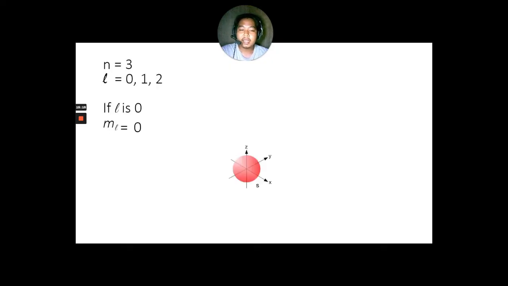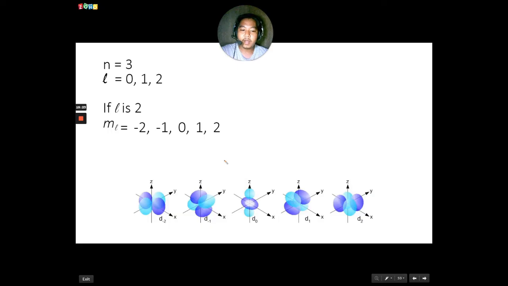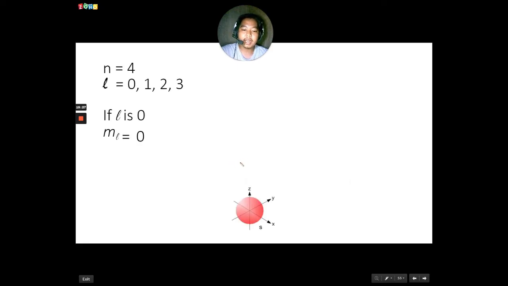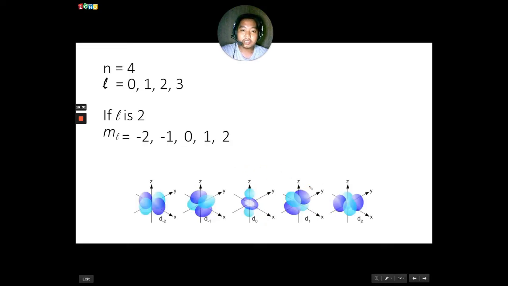So, if n is 3, the possibility might grow bigger. It could be 3, 0, 0, 0. And the ms will always be positive 1/2 or negative 1/2. And if we grow larger with energy level, the more possibilities for the location of electrons. That's why at 4, we have 4s1, 4s2, 4p1 until 4p6.